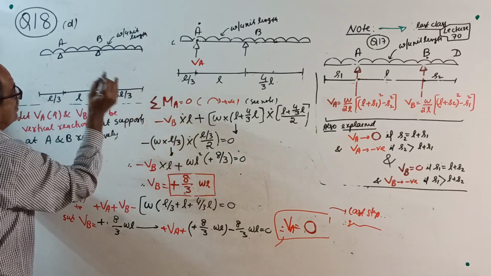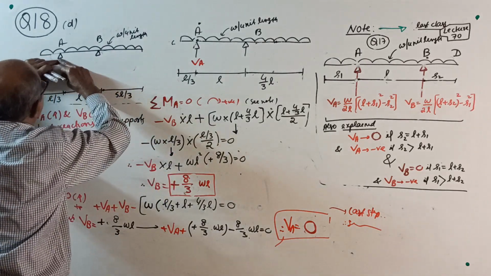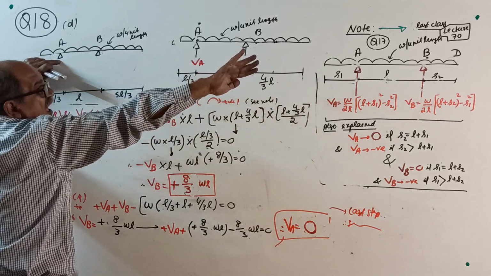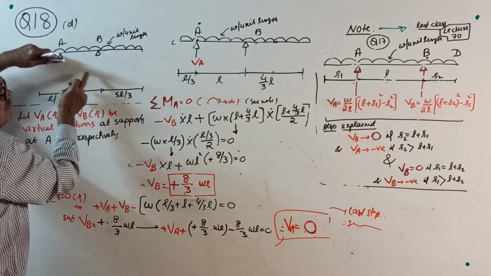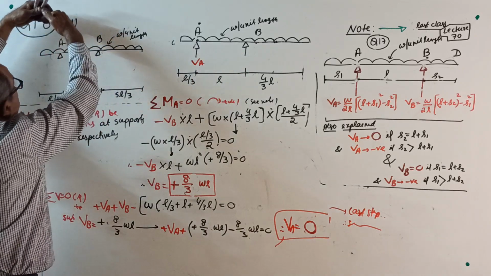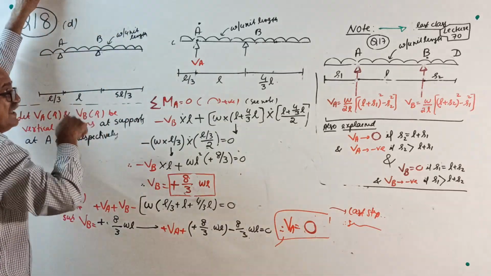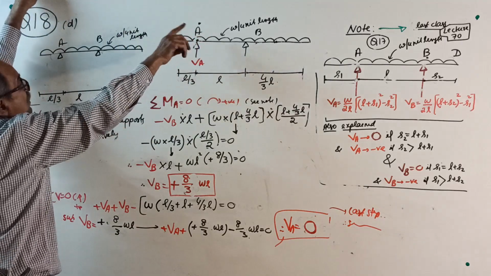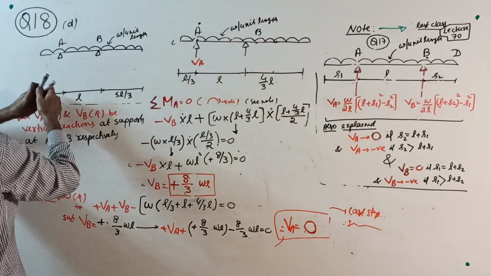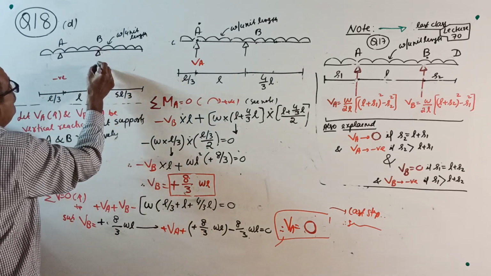So that now when you consider VA, the right overhang is more than the sum of these two. Means the effect which presses the support A down is less than the effect which will try to lift the support A. Now 100% your VA has to come negative, VB will come positive, my guarantee.